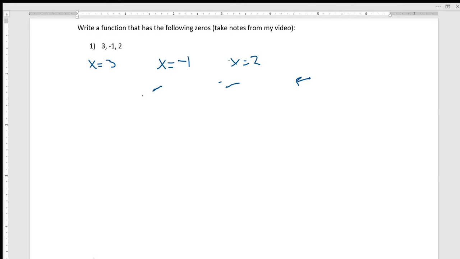Taking each of these zeros and setting them equal to 0, we have x minus 3 equals 0. We'll have x plus 1 equals 0.